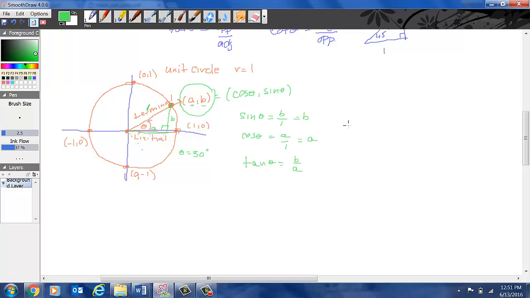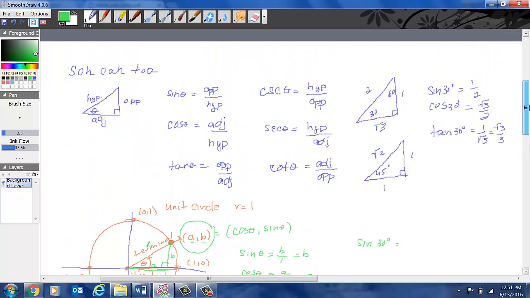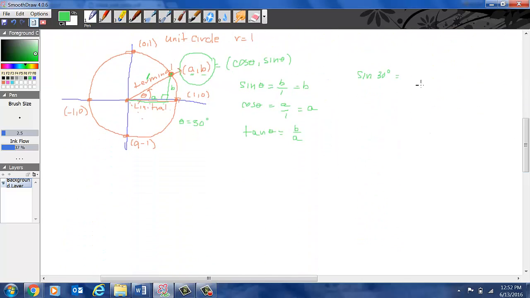Well, we already know, because we looked at it up here, that sine of 30 is 1/2, and cosine of 30 is the square root of 3 over 2. So this point, if theta is equal to 30, would be the cosine value, square root of 3 over 2, comma, 1/2.